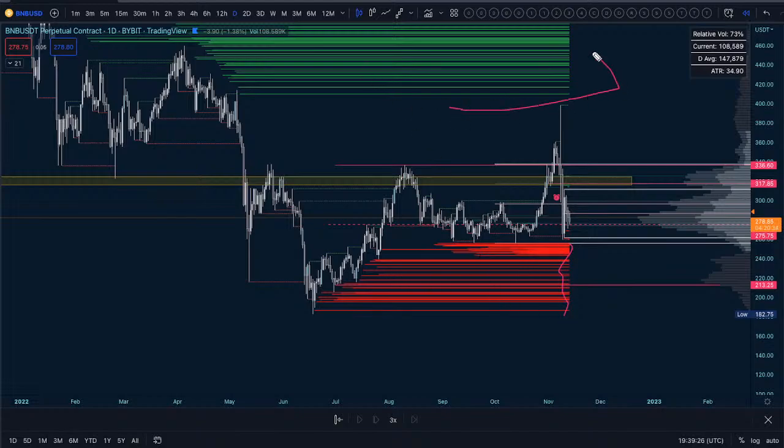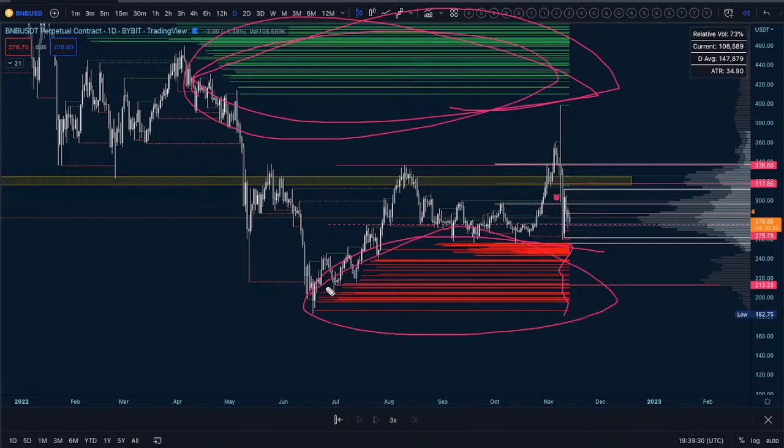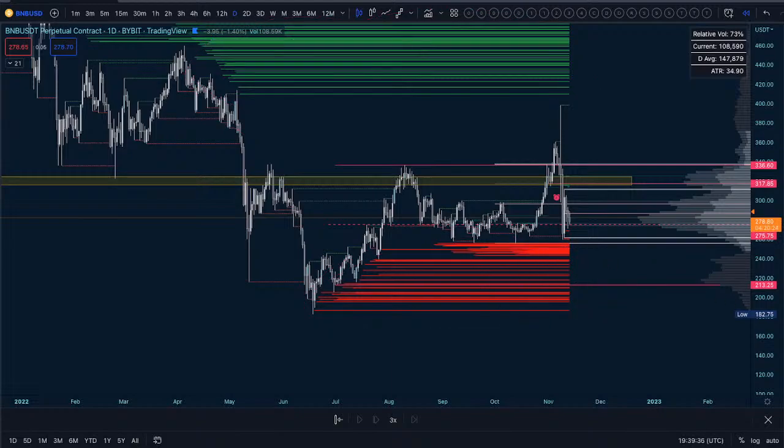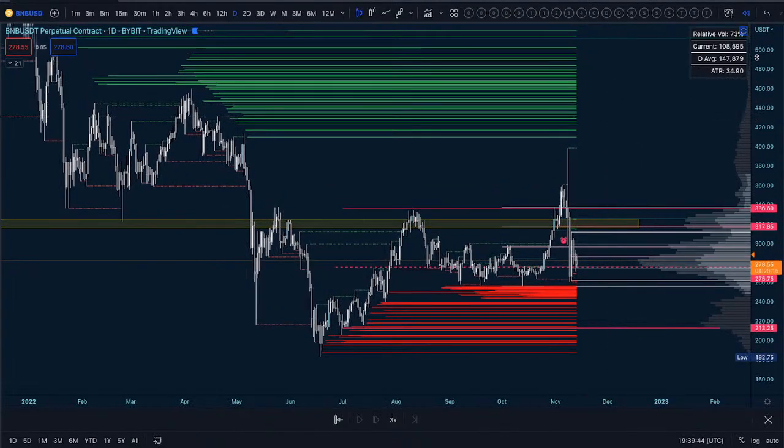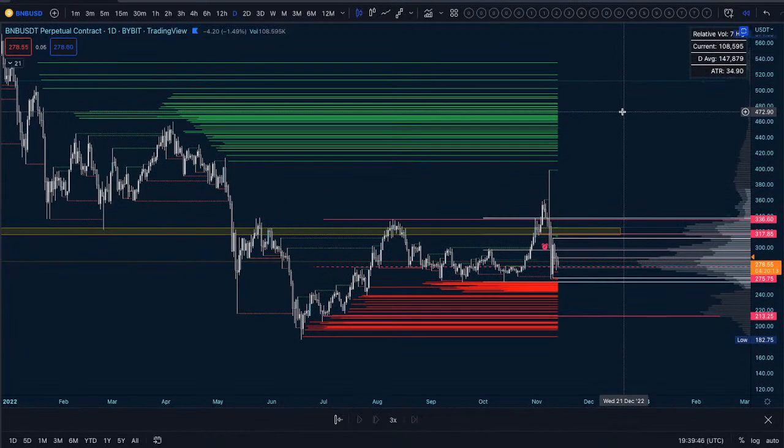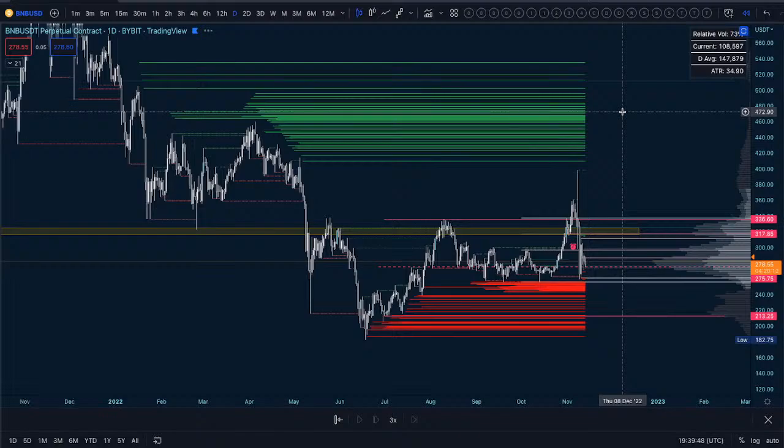This is calculated potential liquidity areas, so it's not reflecting the real liquidity zones. We use some other tools for that, like High Block Capital, for example.